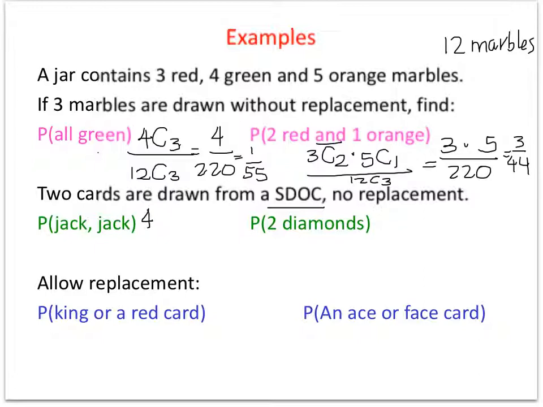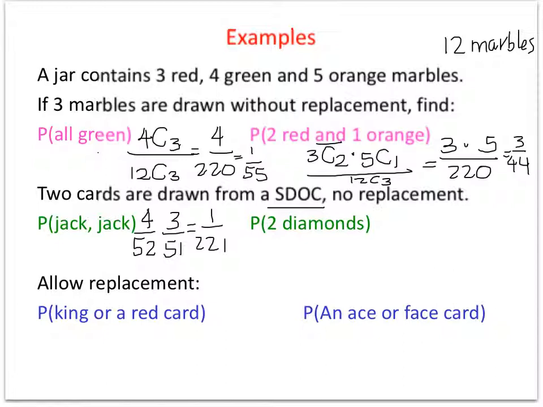So that's 4 out of the 52 cards. That's the probability for the first draw. The next draw, since we've already chosen a jack, I only have 3 left, and there's only 51 cards left. So that's going to give me 12 divided by 52 times 51, and as a fraction, that's going to give you 1 out of 221.